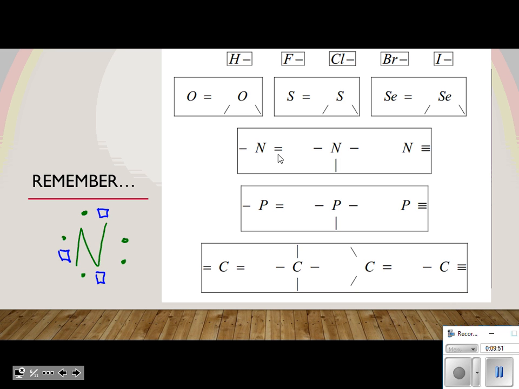I could have a double bond and a single bond. 1, 2, 3 open sites, or I could just have a triple bond. So nitrogen could bond in 3 potential ways. Phosphorus is right below nitrogen, so phosphorus, it makes sense, would have the same bonding patterns.